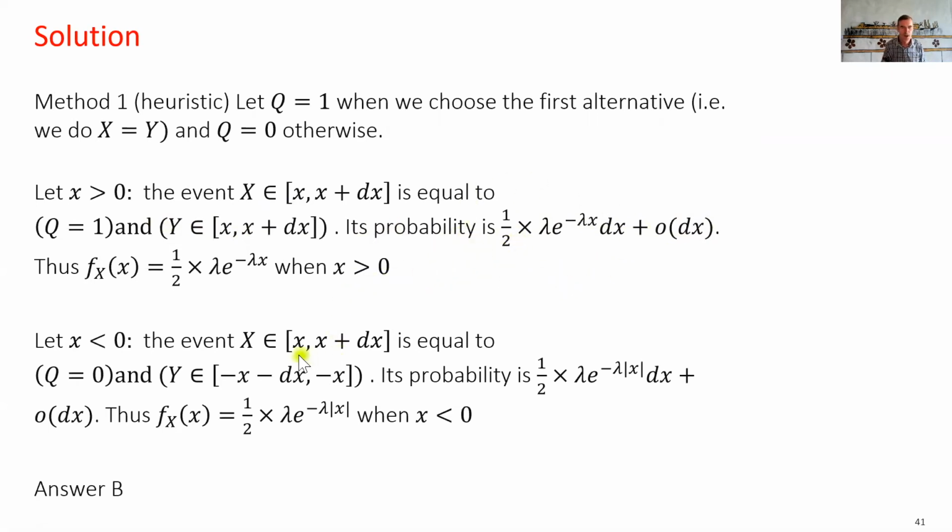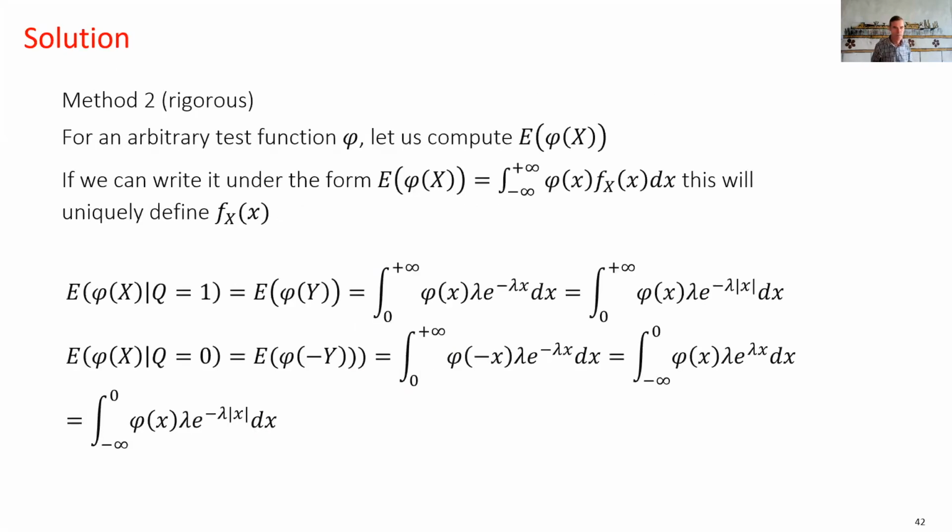And conversely, when x is negative, we find a similar thing where we need to replace x by minus x or by the absolute value of x. So when x is negative, that's the value we find. So in both cases, we find this because here x is the absolute value of x, and you still need to handle x equal to 0, but let's leave it aside. That's one way to get the answer, which is interesting because it's intuitive.